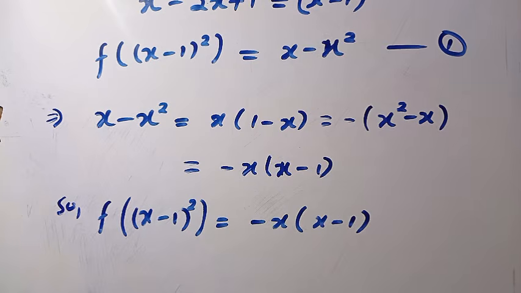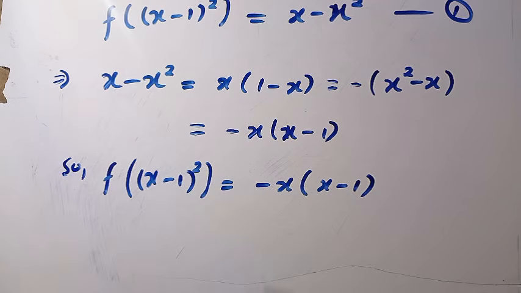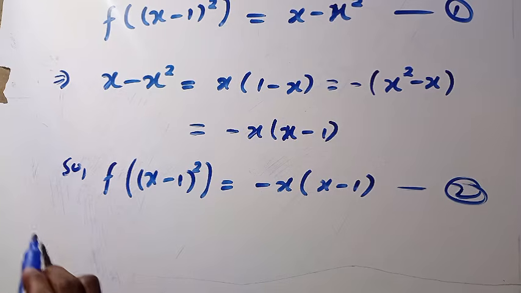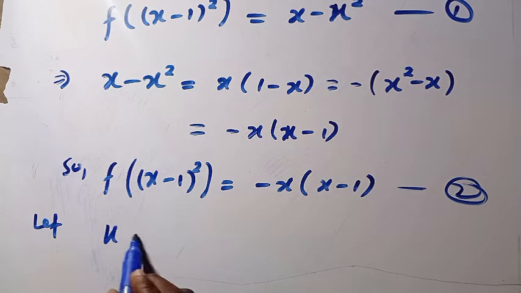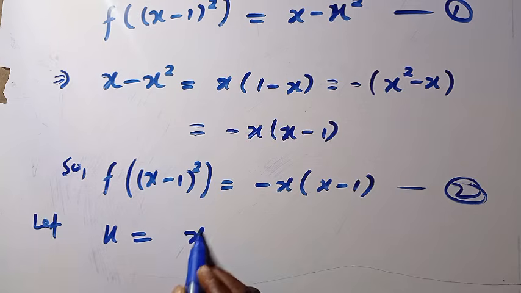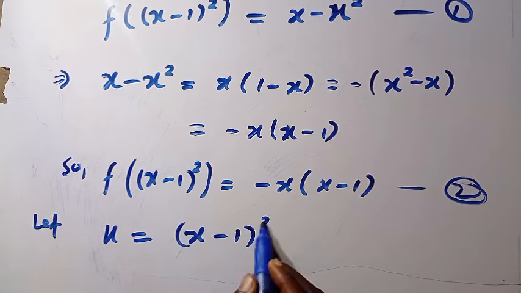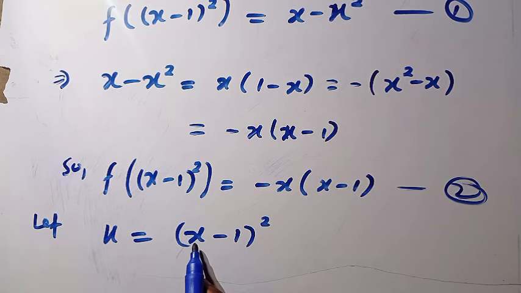Now suppose I call this one equation 2, and the next step, if I let u equal the whole of this, which is (x minus 1) squared, let's make x the subject of the formula.